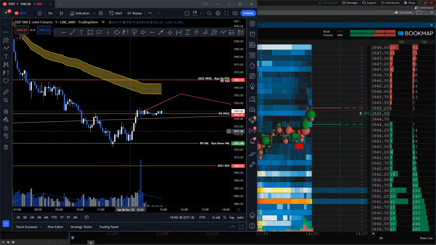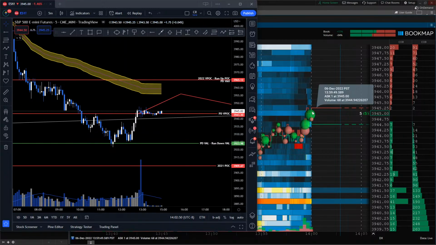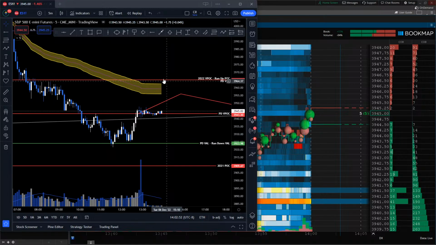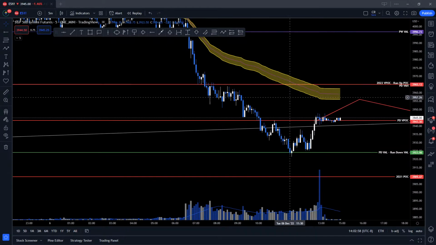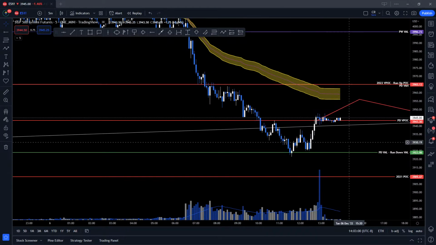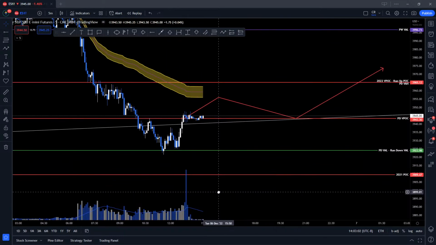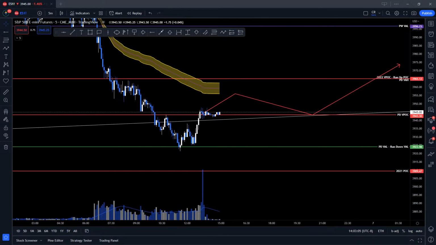Anybody in the Discord today could tell you we were just crushing it using these two things combined, our volume profile and Bookmap. So if you're a newer trader, I would highly recommend learning those two things. If you're on YouTube, in the description there's a book called Volume Profile by Trader Dale.